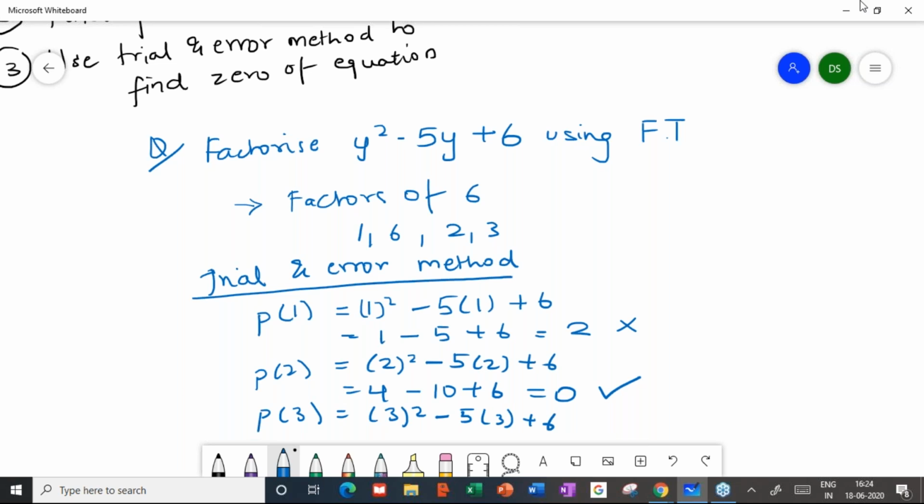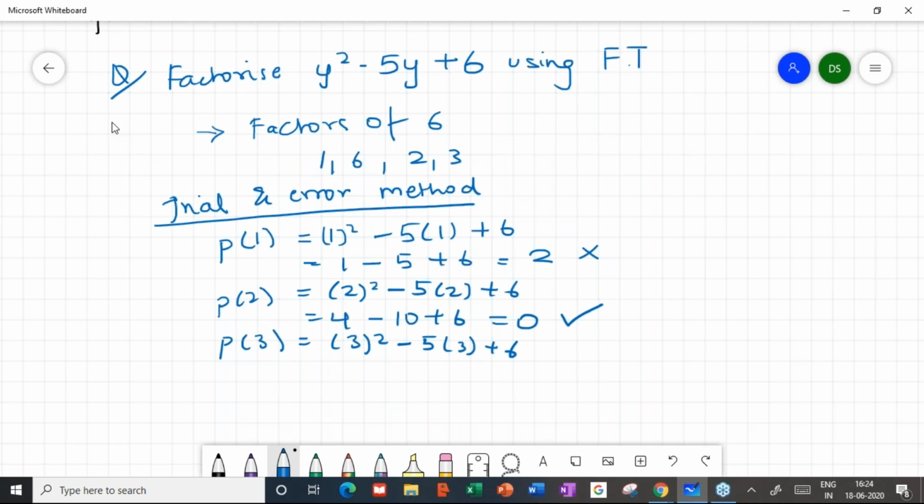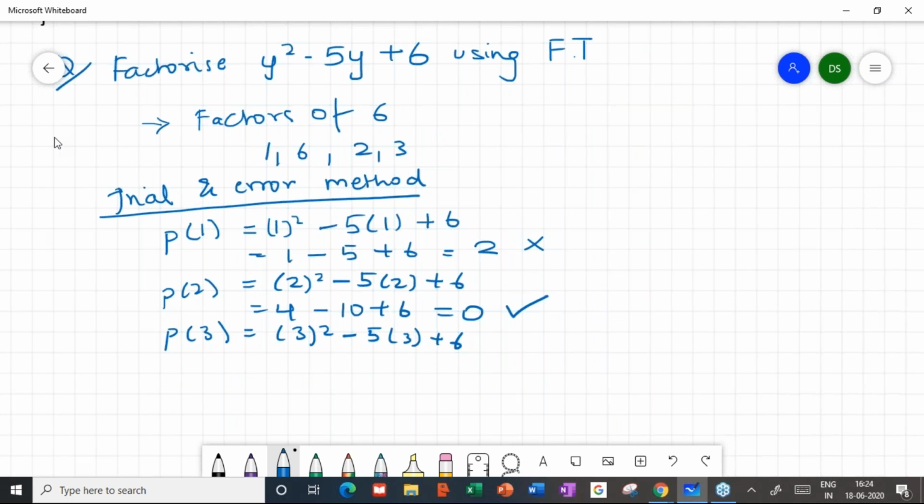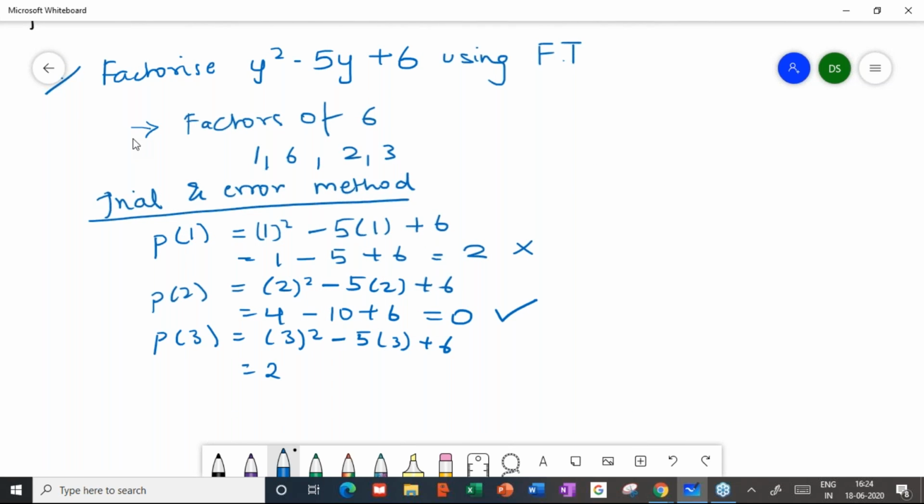Let me just take the screen a bit up. 3 square, right? So 9. 9 minus 15 plus 6. Will only have 1 zero.